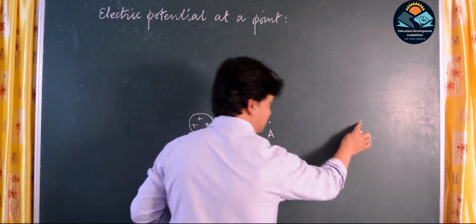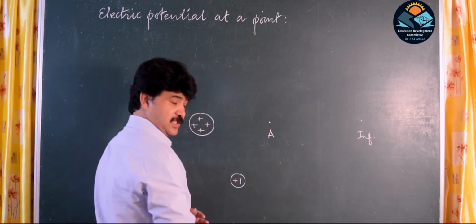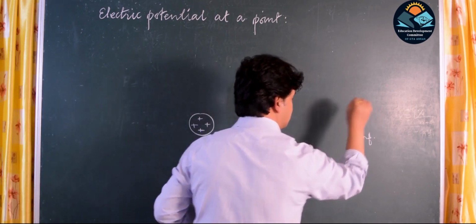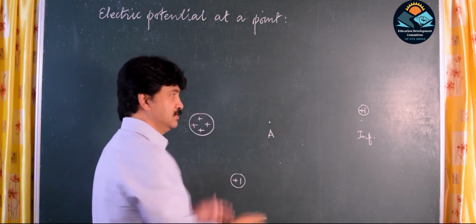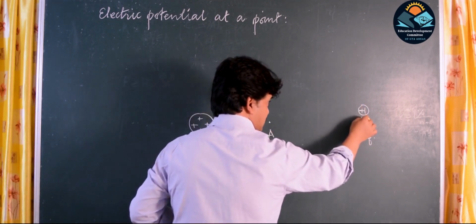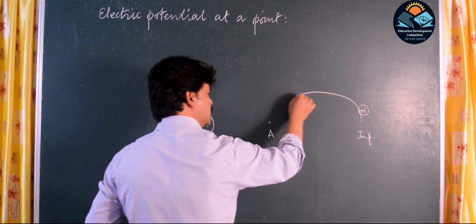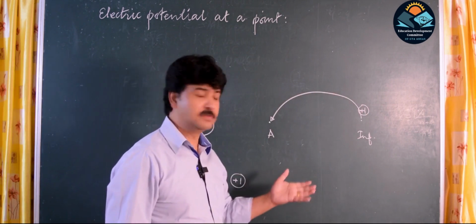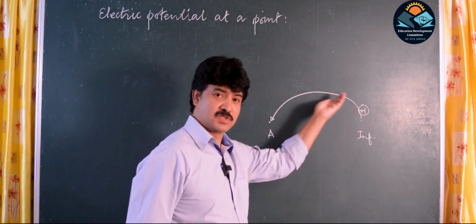So this is the point at infinity, and at this point we have to assume a unit positive charge. So in order to bring this unit positive charge from infinity to the point A, we have to apply some force, isn't it?